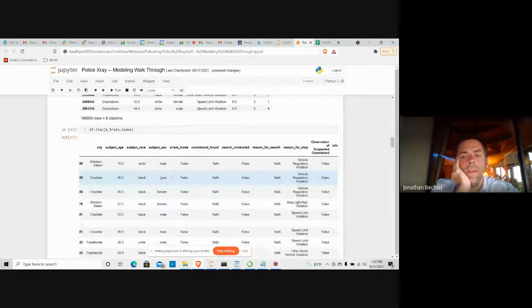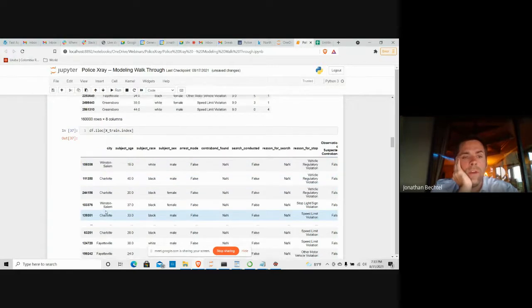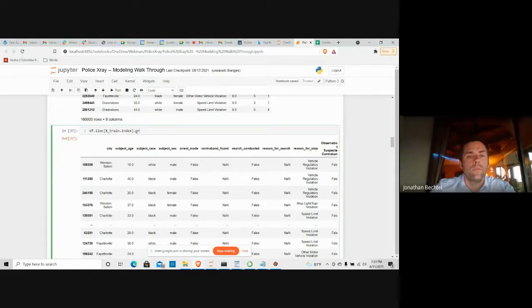Okay, so Sylvia, the idea here is this is the data that's inside the training set, right over here. Okay. Are you familiar with the group by operation in pandas?